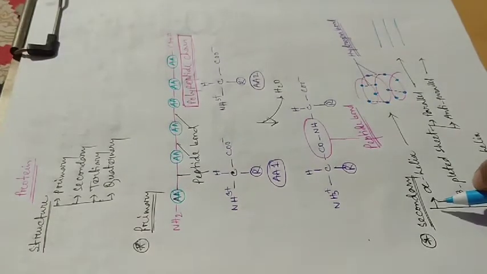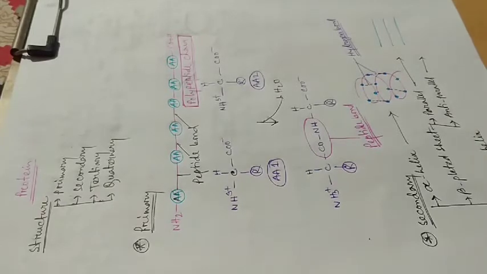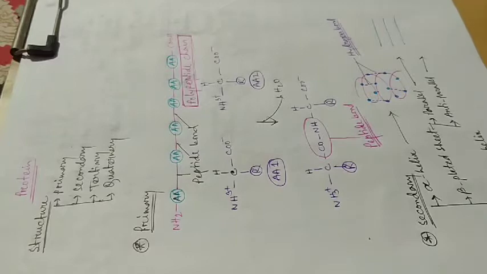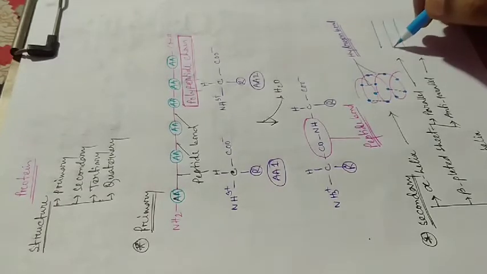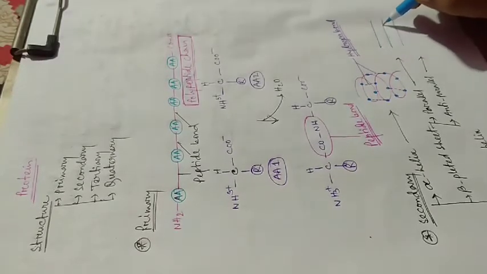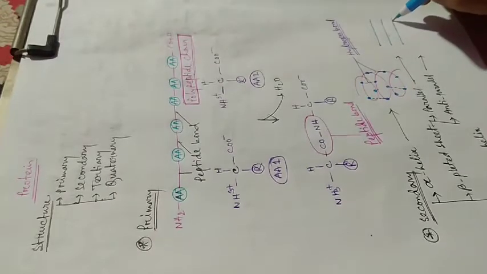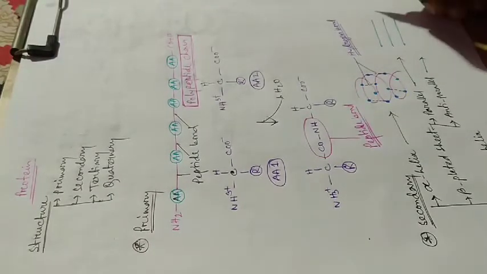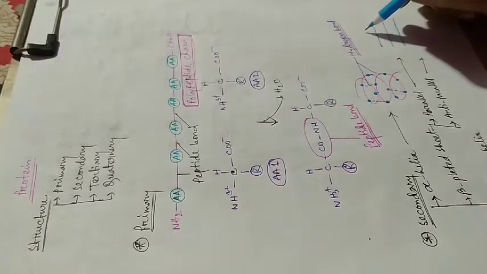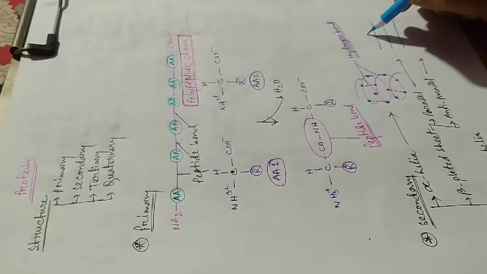In parallel beta pleated sheet, the peptide chains run in the same direction, like that.